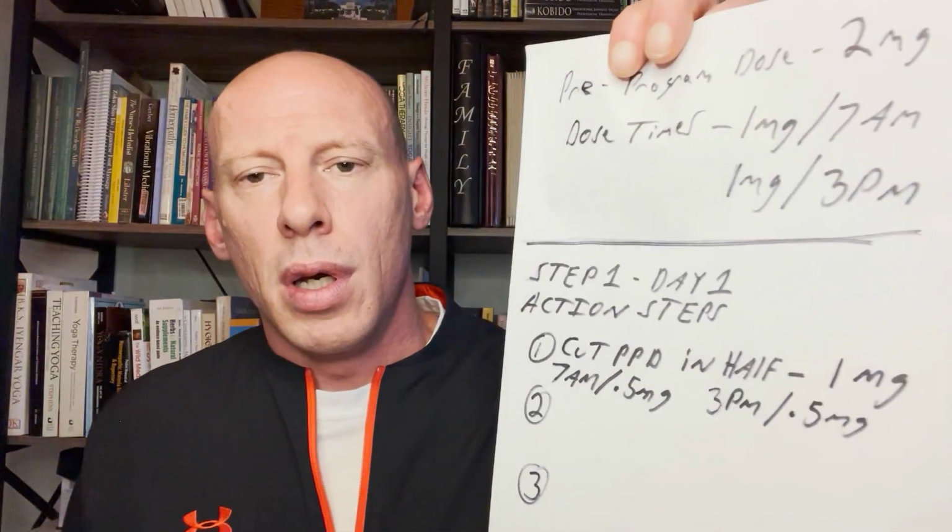My second dose was 3 p.m. My pre-programmed dose was 1 milligram at 3 p.m., and now that's going to be 0.5 milligrams at 3 p.m. On the same line, I'm just going to write in 3 p.m. and 0.5 milligrams. That's the best way to cut the dose in half to start.